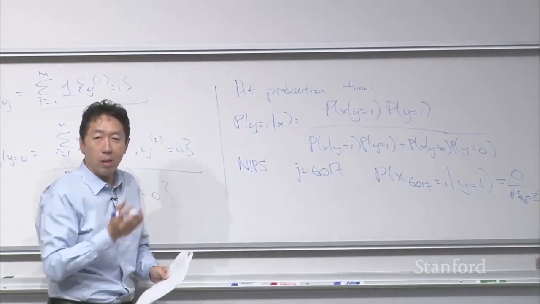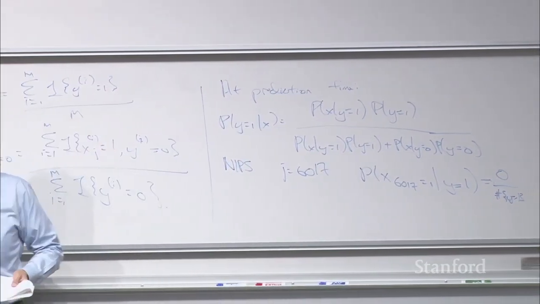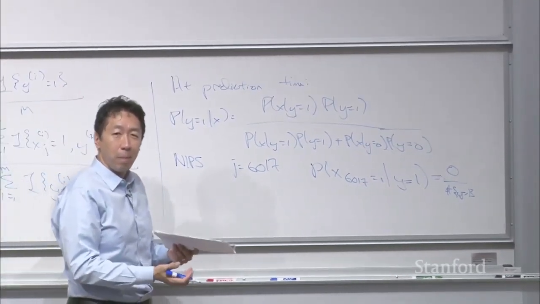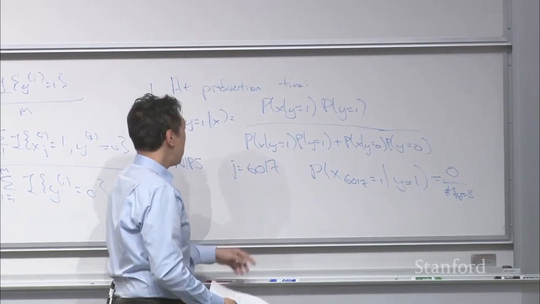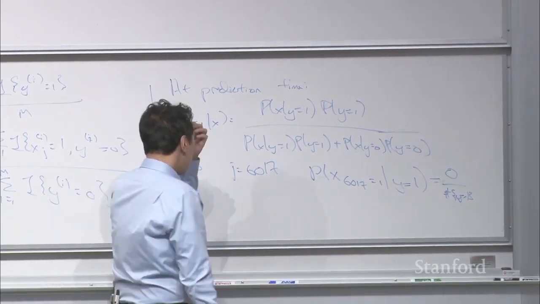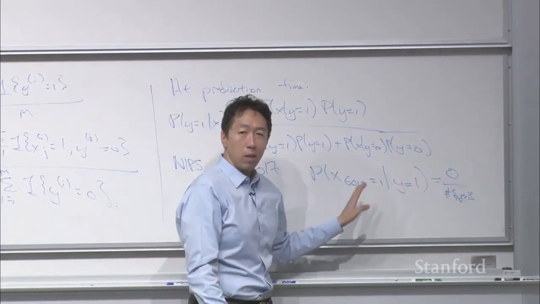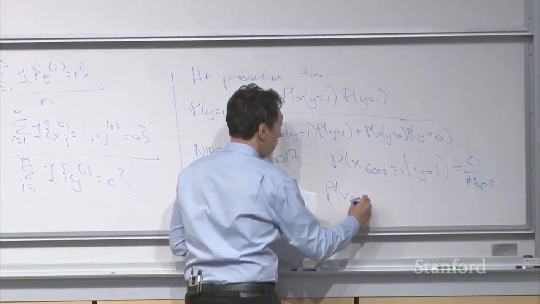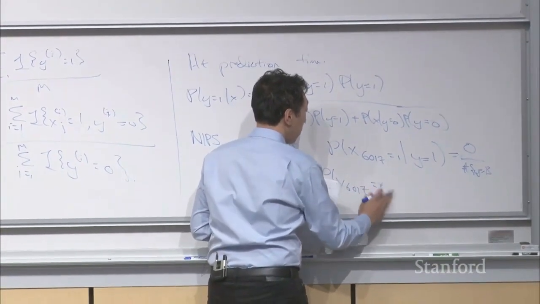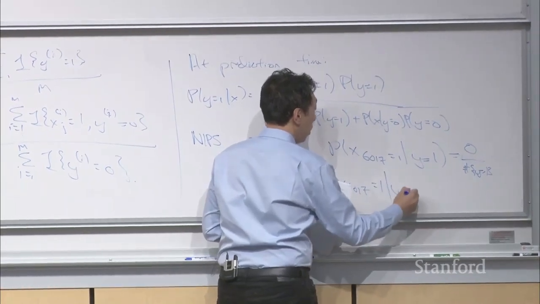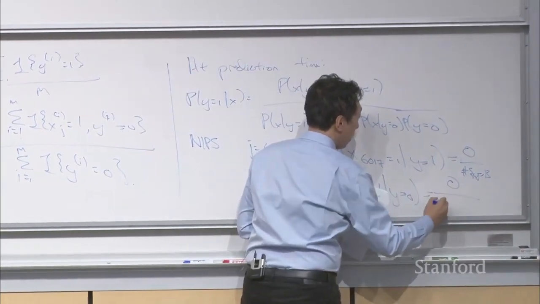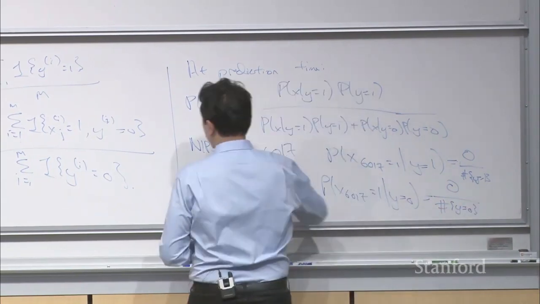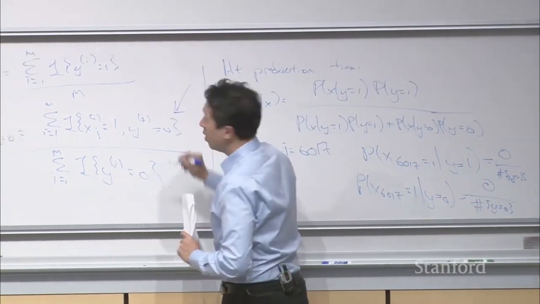So if you train up this model using your personal email, probably none of the emails you've received in the last few months had the word NIPS in it, maybe. And so if you plug in this formula for the maximum likelihood estimate, the numerator is 0, and so your estimate of this probability is 0. And then similarly, this is also 0 over the number of non-spam emails, I guess. Right, so that's just this formula, right?